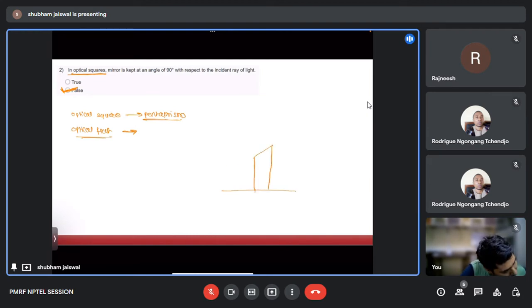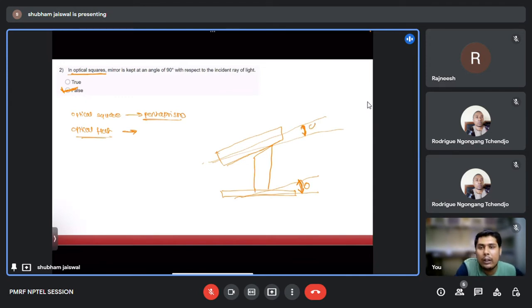If I keep my mirror on it, and there is any error in the alignment, we can see that error in the reflection. If the incident ray is hitting the mirror and there is any baseline error or tilt error, then definitely we will not get the reflection at 90 degrees. It will be somewhat different from 90 degrees.